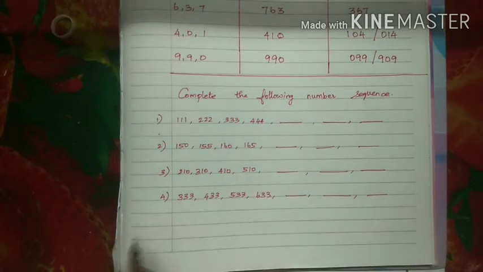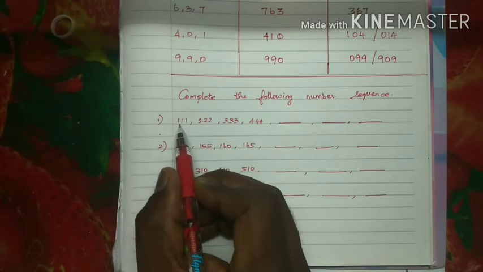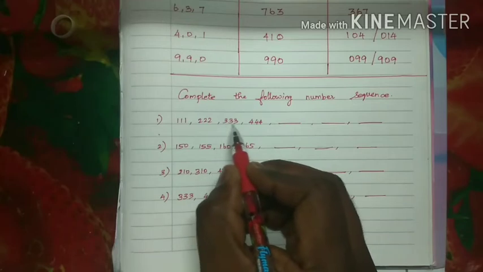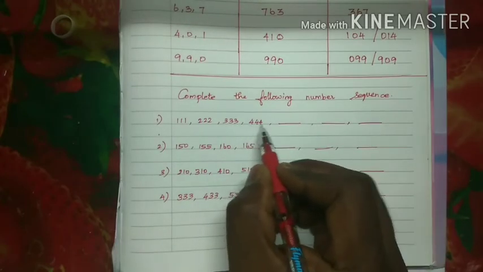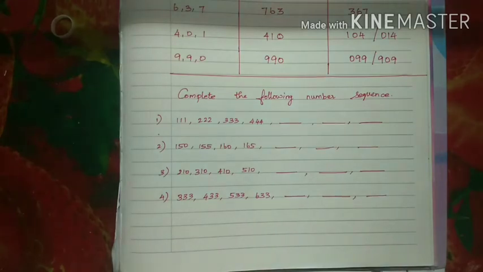Now the first number sequence is 111, 222, 333, 444. What sequence are they using? Yes, they are adding the same 111 to each.